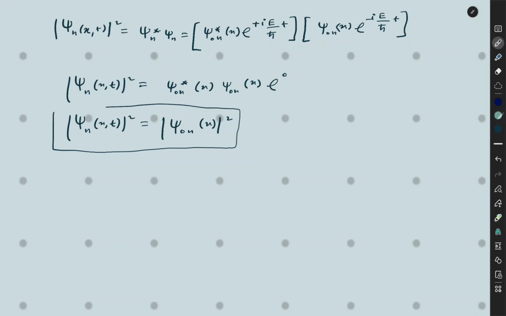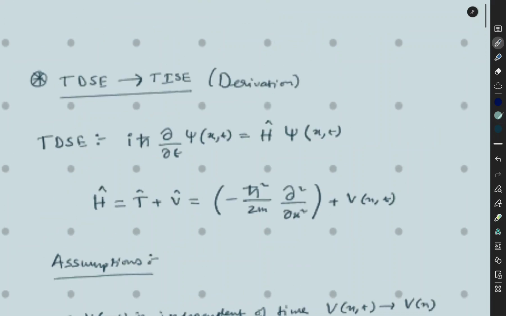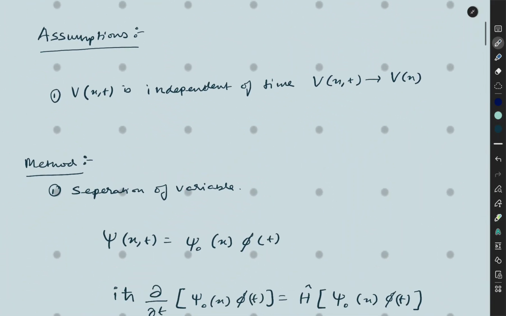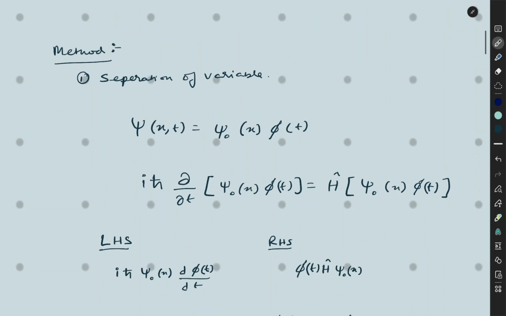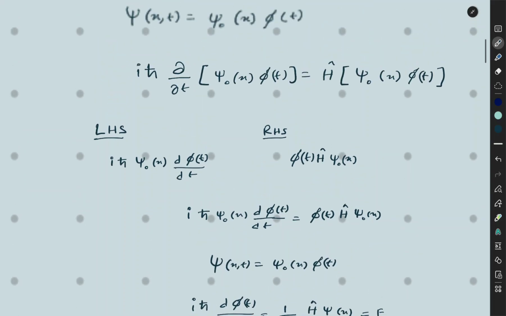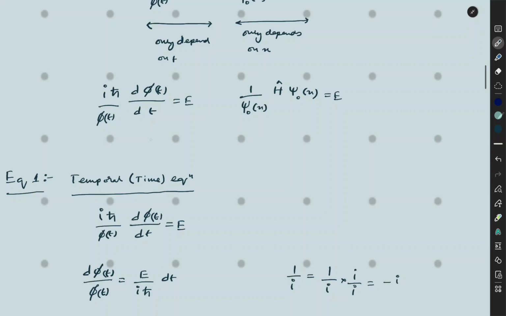So what we did in this lecture, we assumed that the potential is independent of time, and we used the method of separation of variables. We did the LHS and RHS part after separating the variables, and then we found out that this is independent of time and this is independent of x.